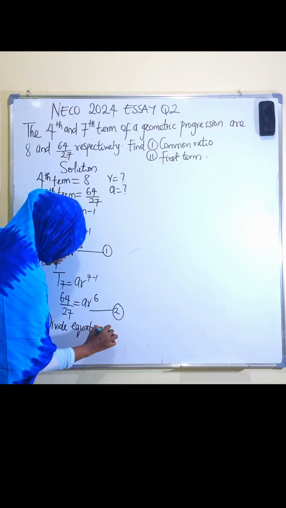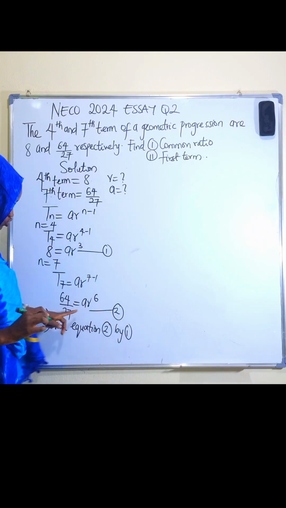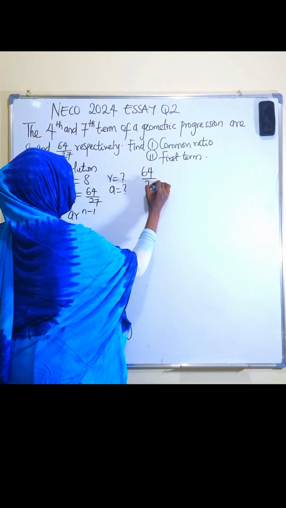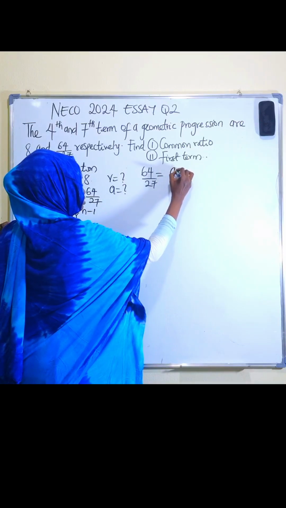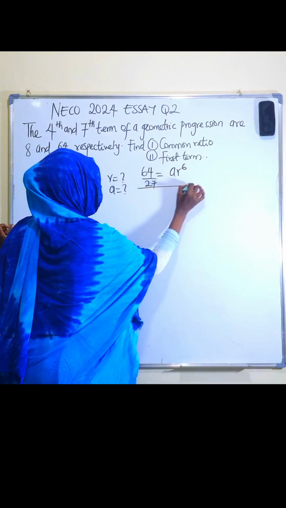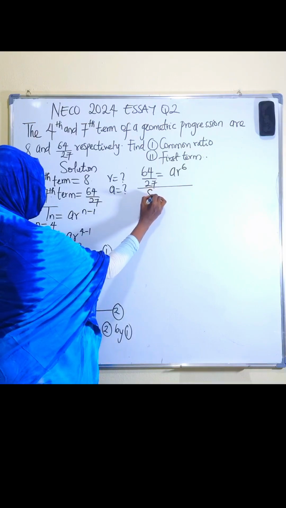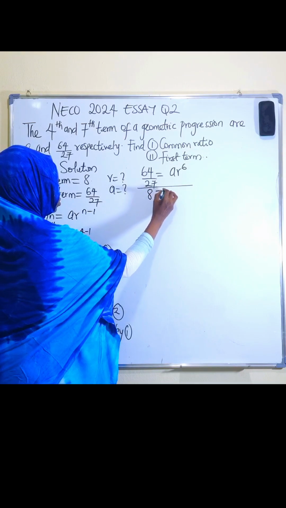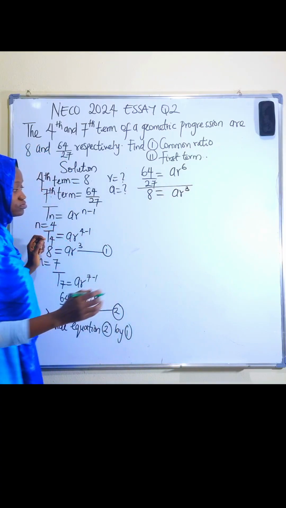Doing equation 2 by 1, we'll be having equation 2, which is 64 over 27 is equal to AR to the power of 6. We're dividing this by equation 1, which is 8 is equal to AR to the power of 3.